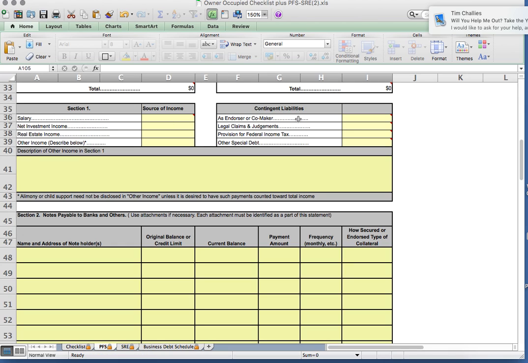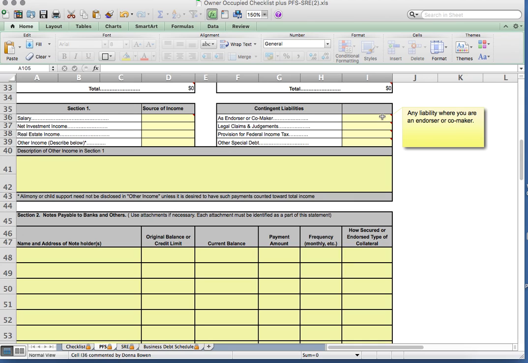Over here, these are called contingent liabilities. What this means is, do you have any notes, legal claims, judgments that you have that we need to know about, any provisions for federal tax that we need to know about, any other special debt? So again, make sure if you've signed any loans that are not outstanding necessarily but are due.